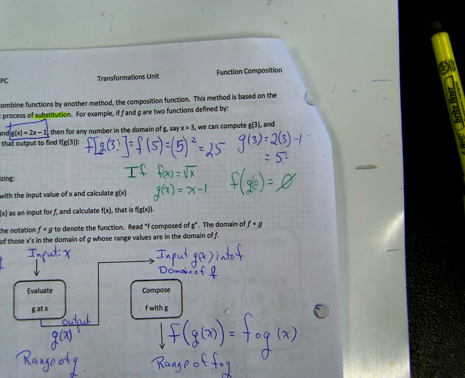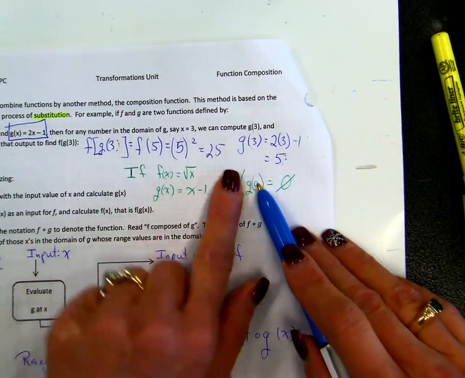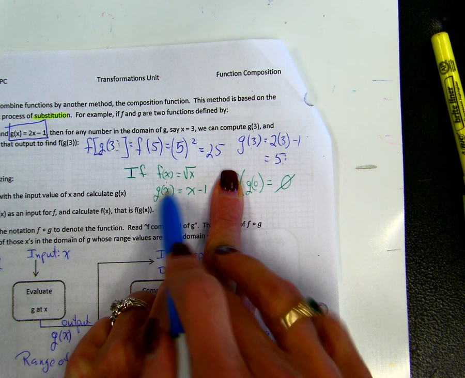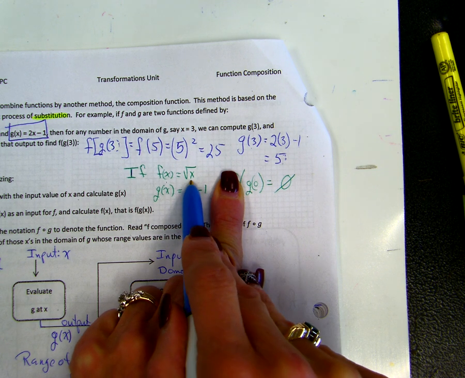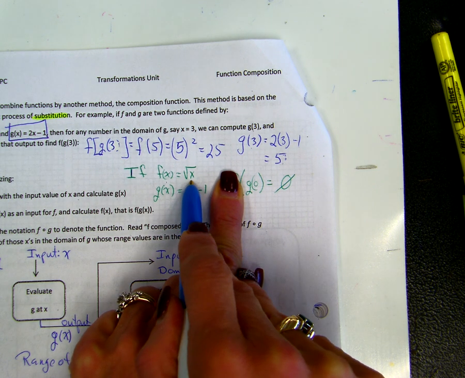How come? Because if I put 0 into g, what do I get for an answer? Negative 1. And if I put negative 1 into f, I break the machine.